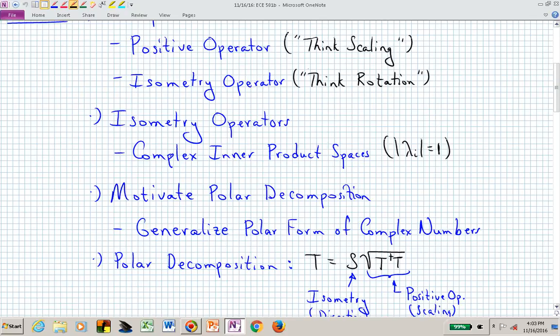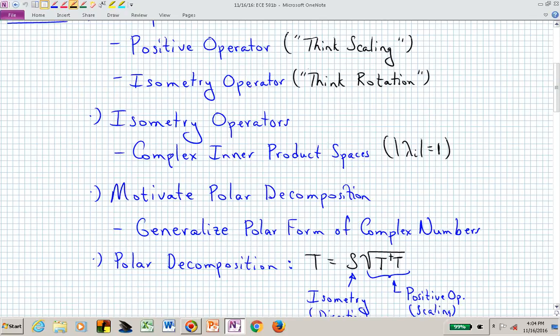So if you think of a positive operator having some orthonormal basis that will diagonalize it, now you're able to just concentrate or focus on the diagonal entries, and those are these non-negative numbers, which are the eigenvalues. And those are going to be non-negative, and they either contract or expand in that particular direction.